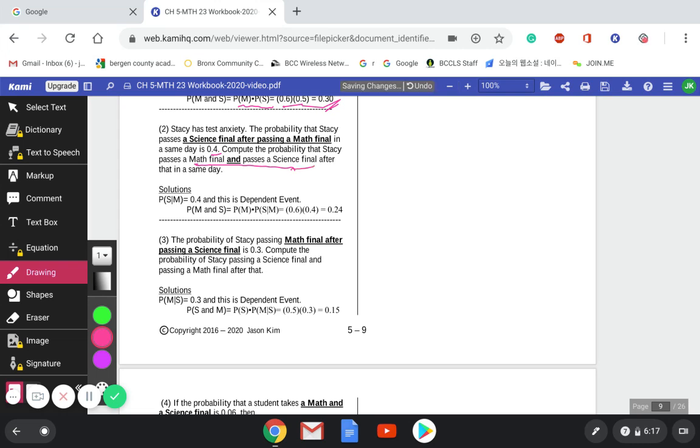So we make these dependent events. Since the math final first and the science final second is given, P of science after math is 0.4, then we need P of math to find the probability of math and science. So you multiply 0.6 times 0.4, which is 0.24.